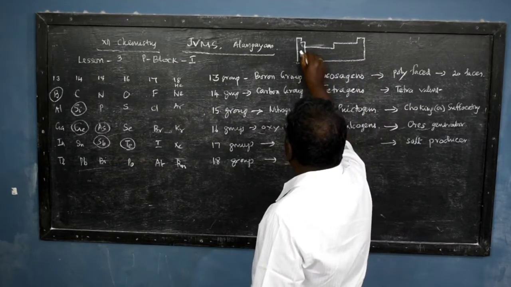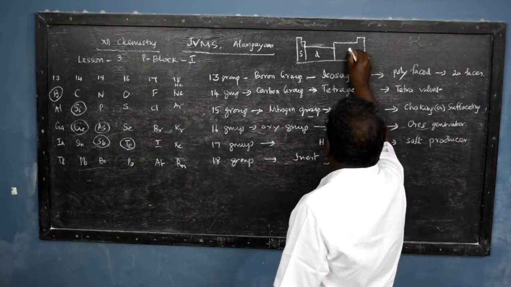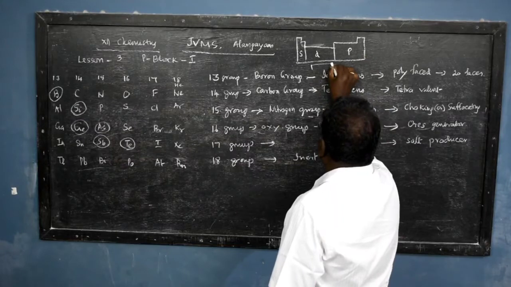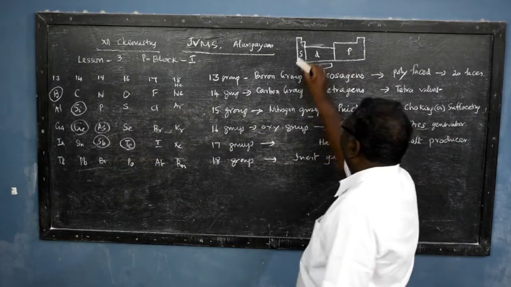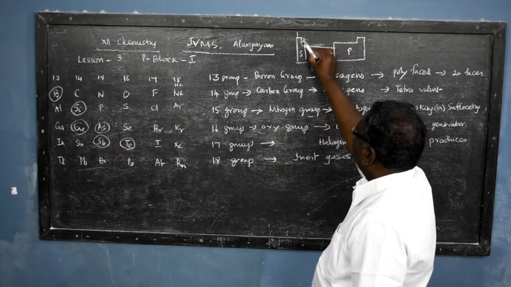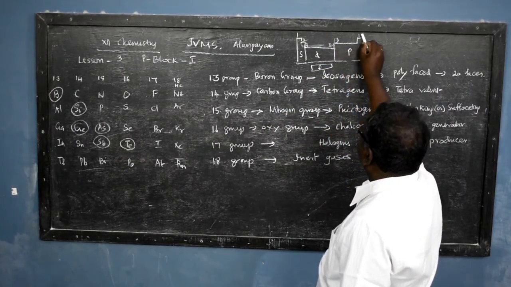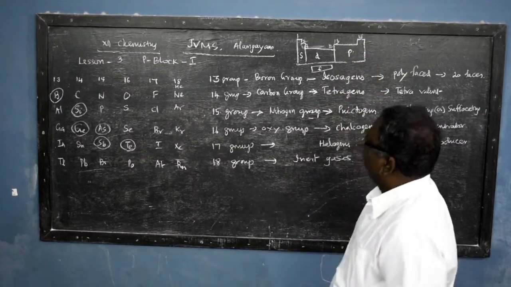So this is S block, this is D block, and this is P block, and we have F block at the bottom. So first group to second group is S block, then 3 to 12 it is D block, then 13 to 18 is P block.